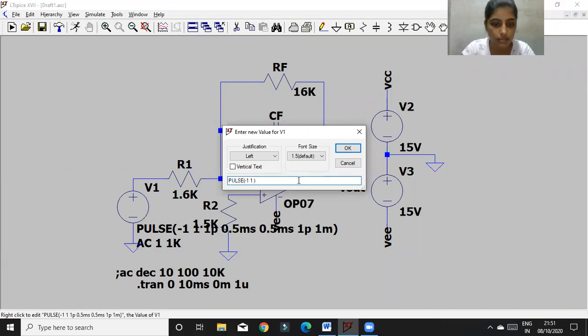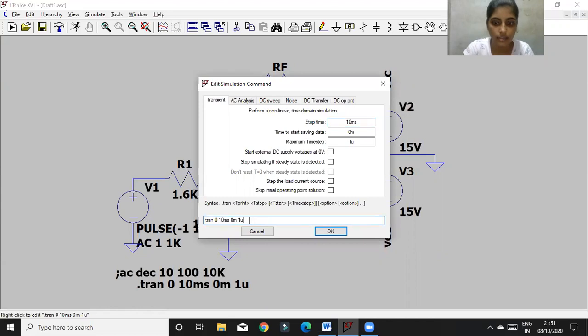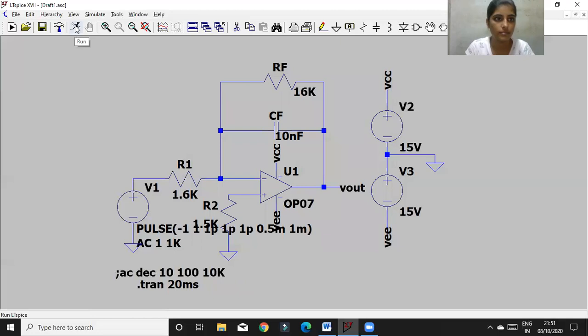Let's say it is 1 P, then 1, then 0.5 M, and 1 O. And I change the transient time, let's say to 20 milliseconds, and I run this.